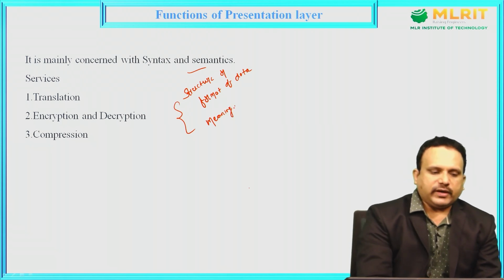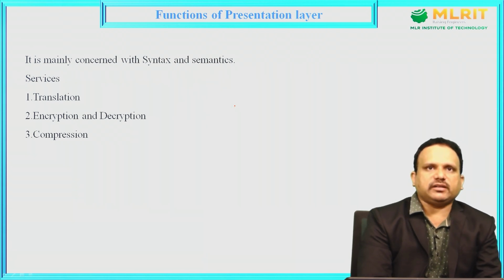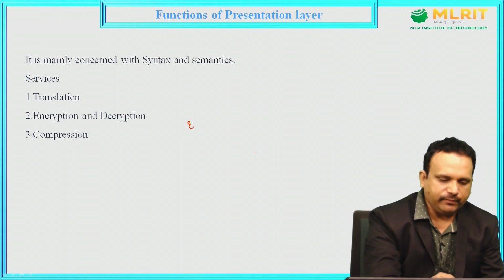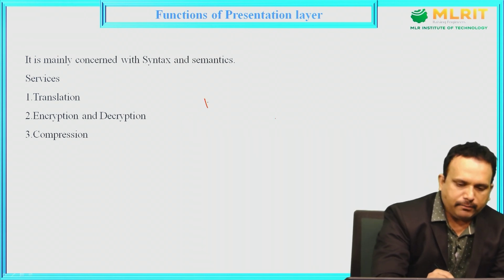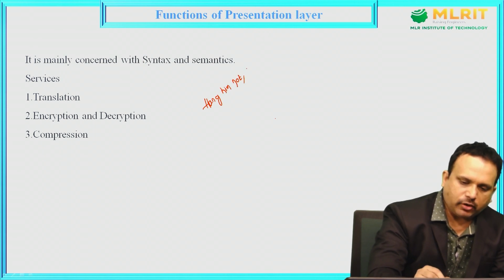So for example, why it is mainly concentrating with respect to this particular syntax and semantics is that, say I will take one example and I'll try to solve it. So for example, hang him not, after that I kept comma, leave him.